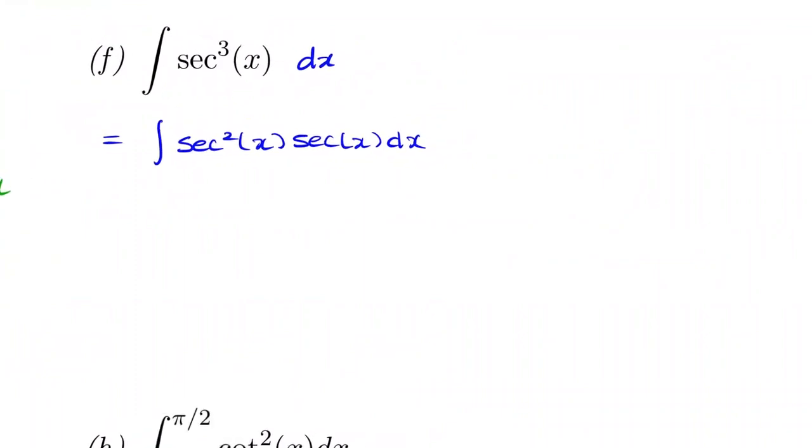So let's try using the DI method here. We have the differentiation, you have the integration, and I'm going to add the signs plus, minus. Let's see how far we get. What I'm going to differentiate here is the secant of x, and what I'm going to integrate is the secant squared of x.